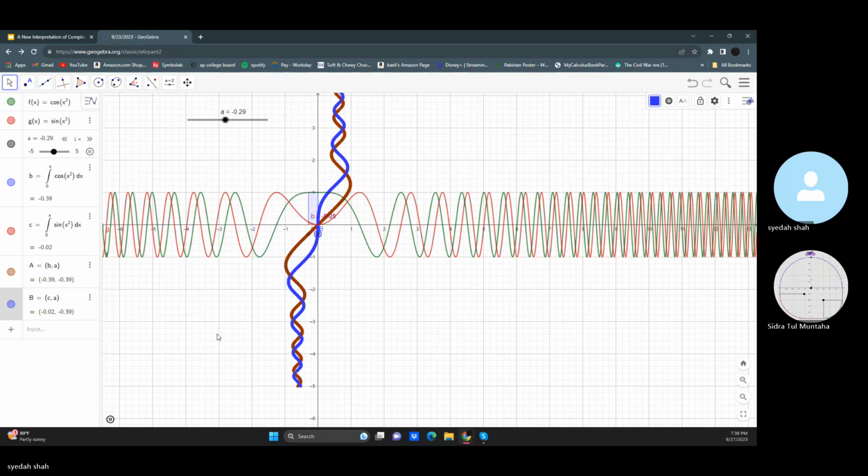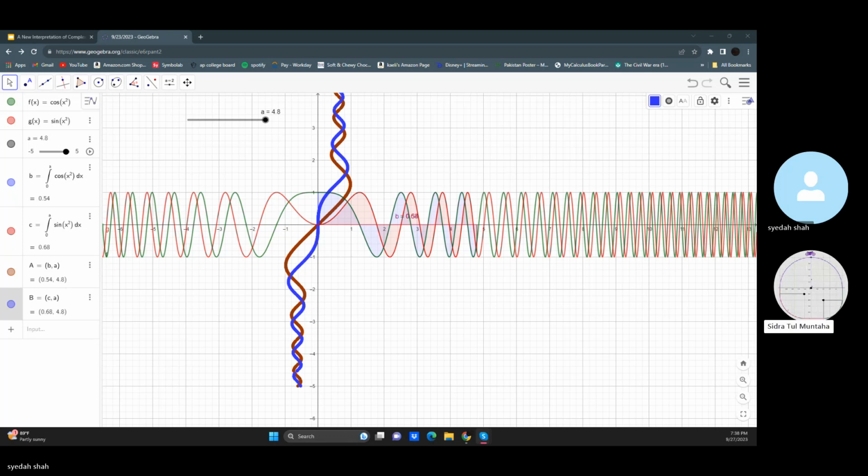So stop the slider. Right now it is more towards the y-axis. We want to plot it on the x-axis. So we will change it.